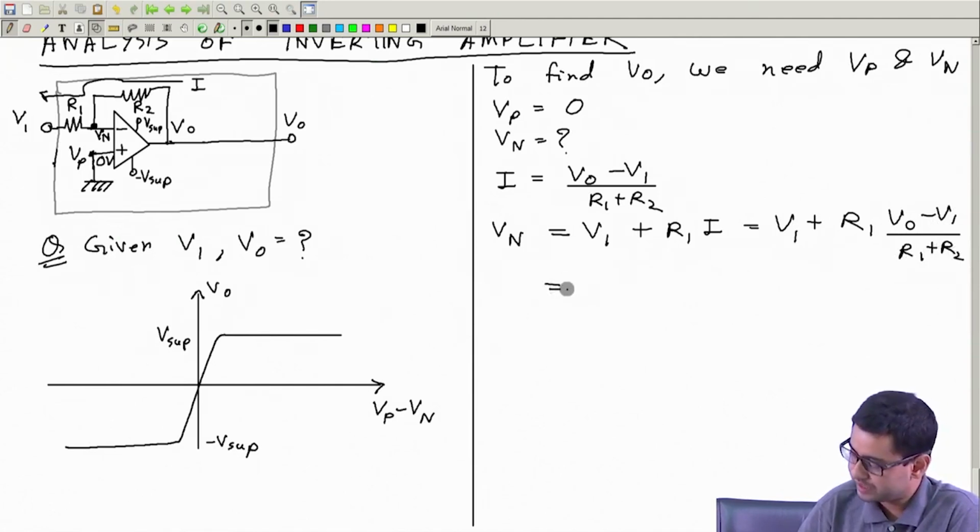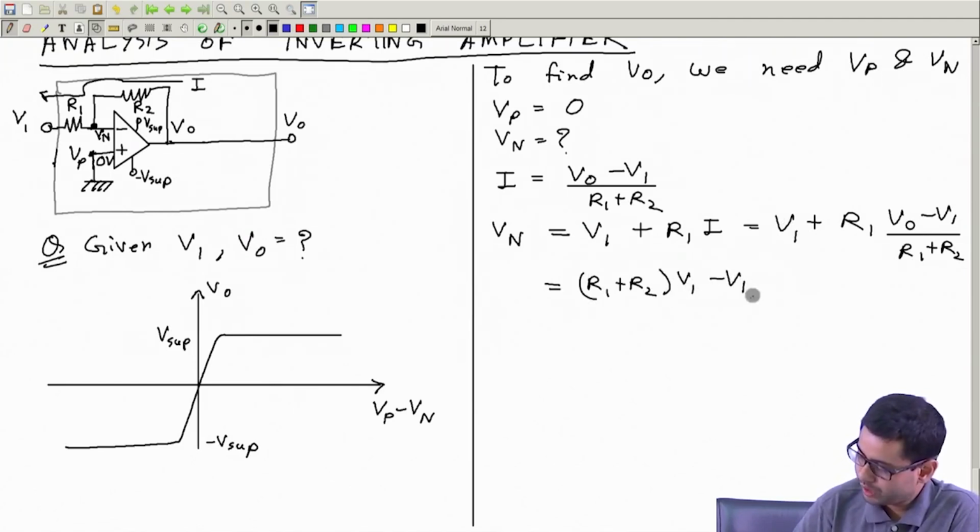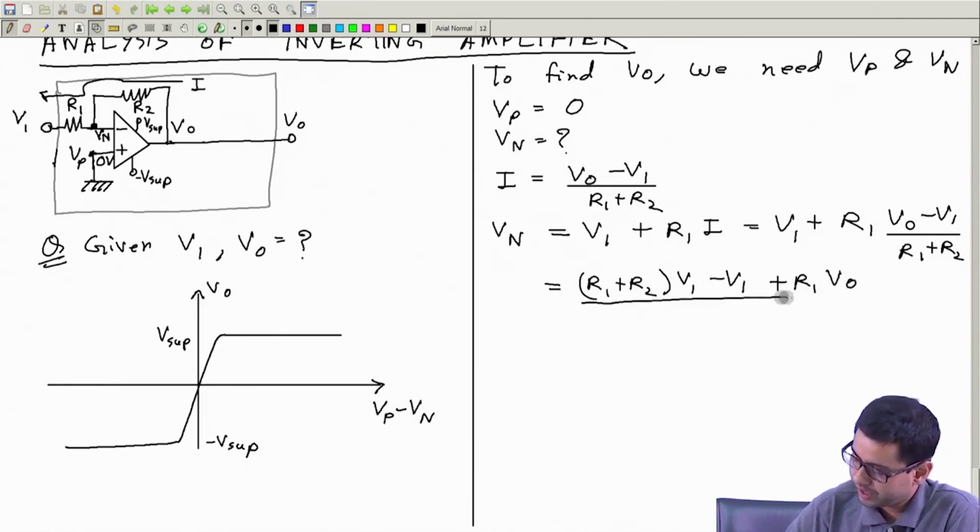and then we can write this as (R1 plus R2) times V1 minus R1 V1, plus R1 VO, the whole divided by R1 plus R2.